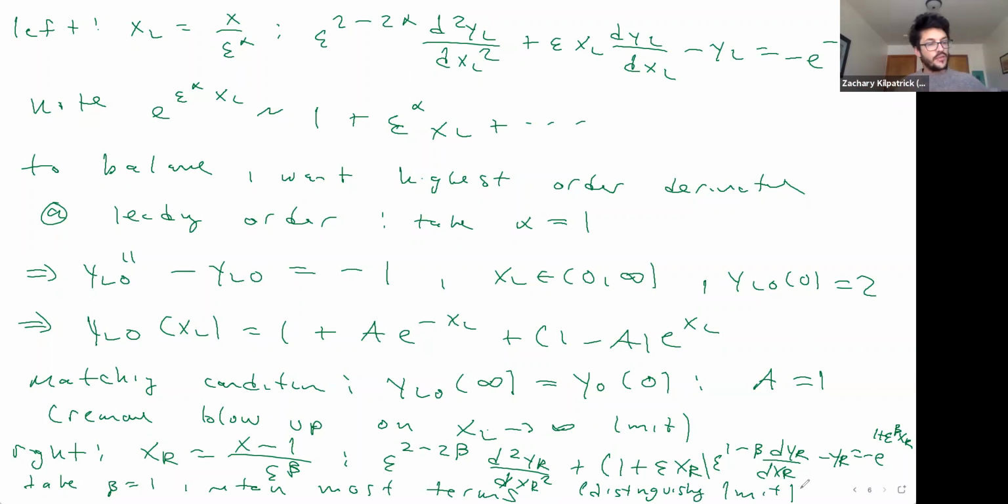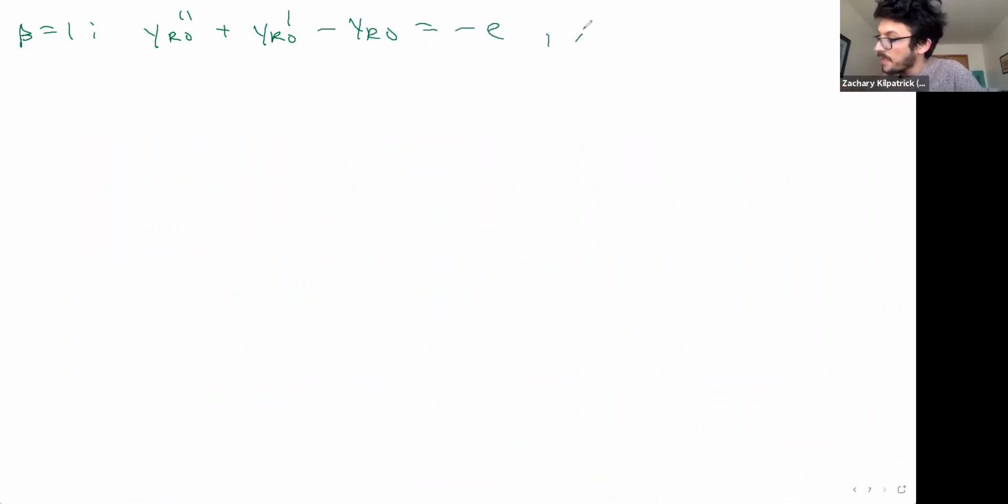So at beta equals 1, we actually get this second order differential equation: yr0 prime prime plus yr0 prime minus yr0 equals minus e, as xr spans between minus infinity and 0.